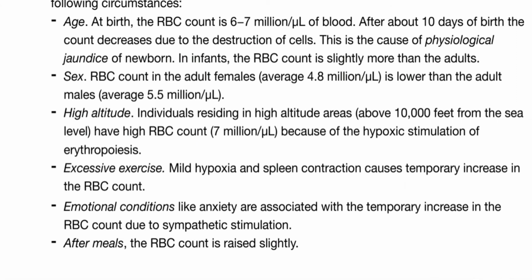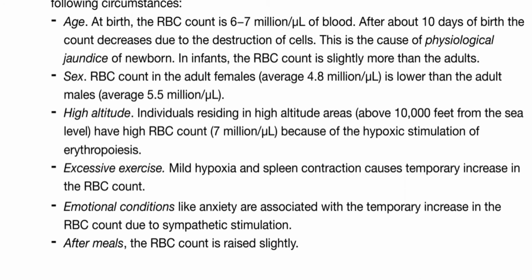Then sex. RBC count in the adult female averages 4.5 million per microliter, which is lower than the adult males. Average is 5.5 million per microliter. So in females, the RBC count is less, and in males, it is slightly more than females.